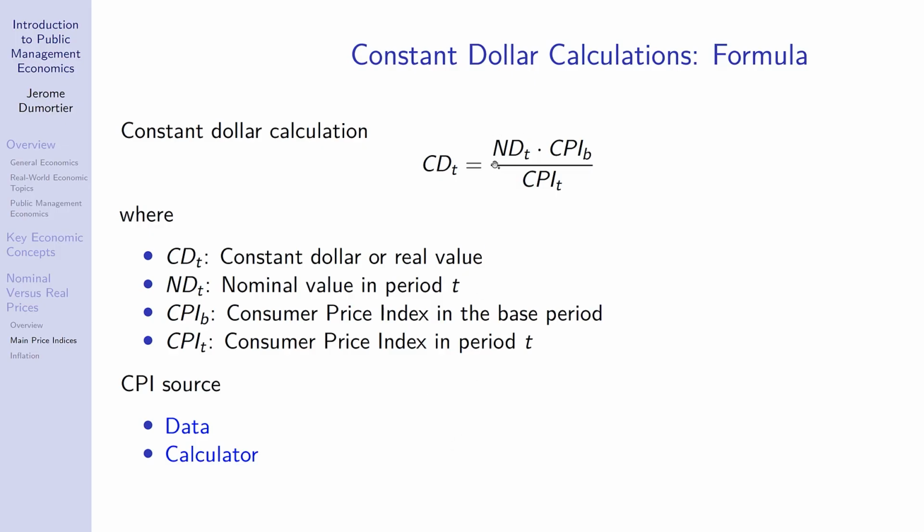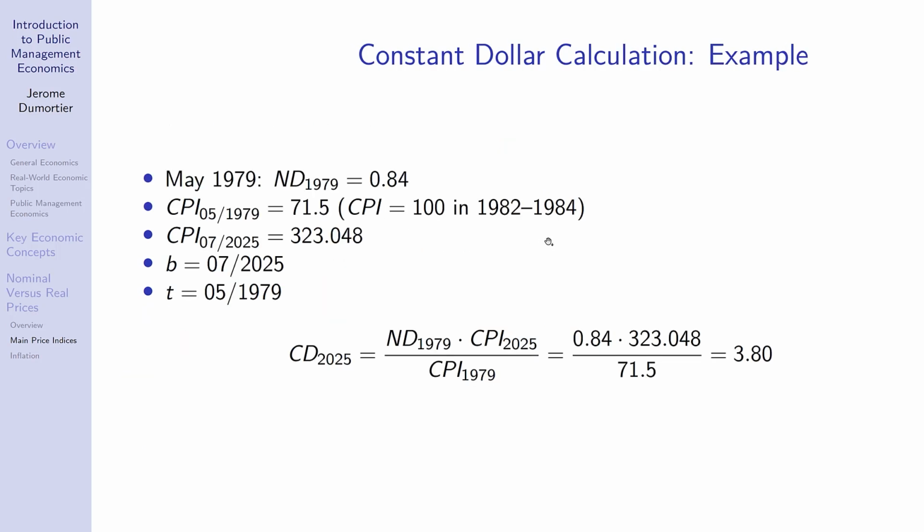The ND would be the nominal value in time period t, and then the CPI in the base period and the CPI in the period that you are interested in gives you the constant dollar calculations. Now, to put this equation into perspective, let us make an example.